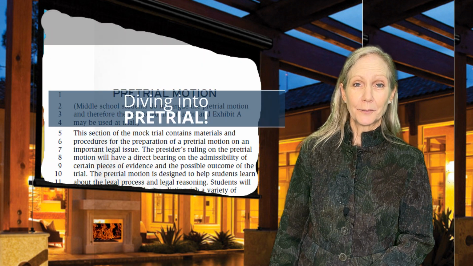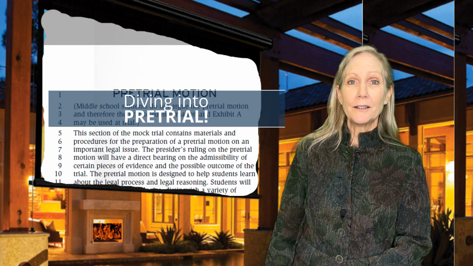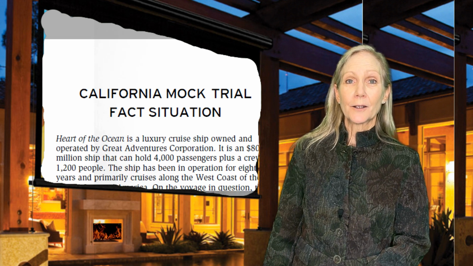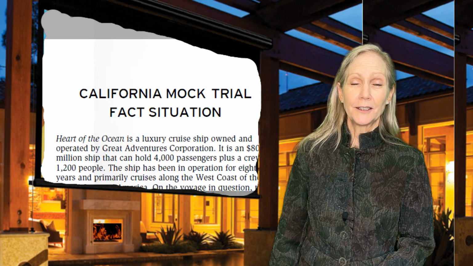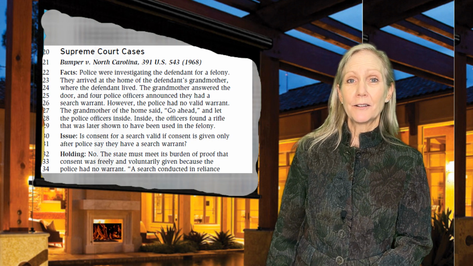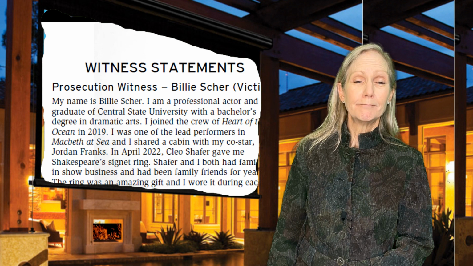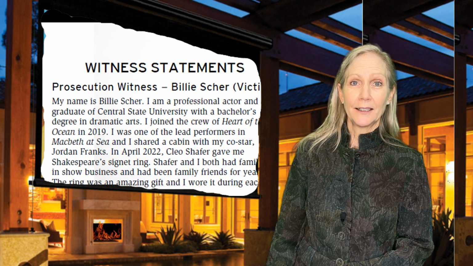So let's get back to pretrial. We primarily use the mock trial fact situation, the authorities that are in the pretrial section, and then anything relevant from any of the witnesses in the statements in the rest of the packet.